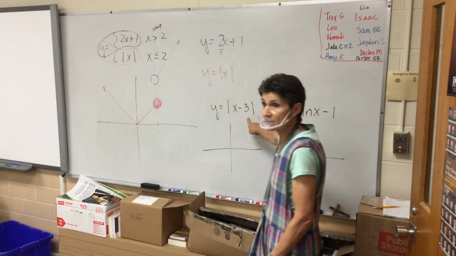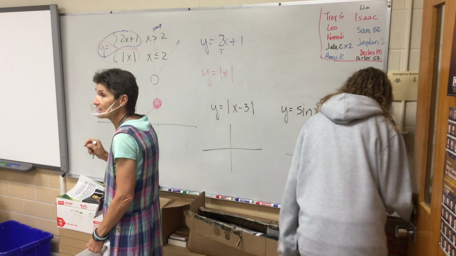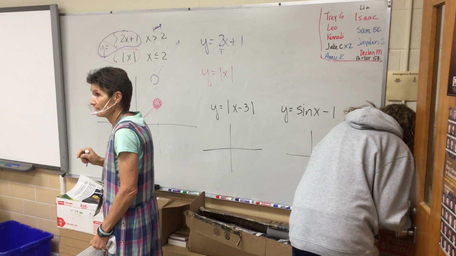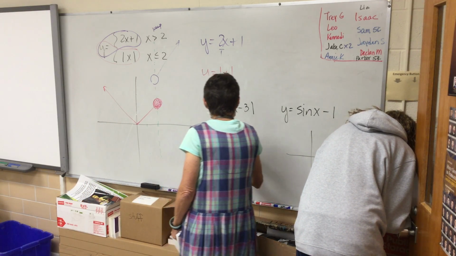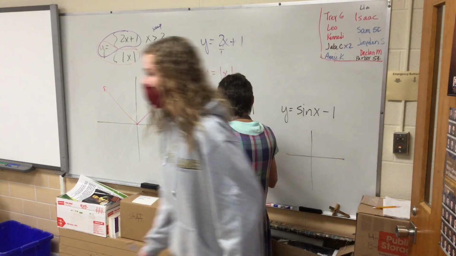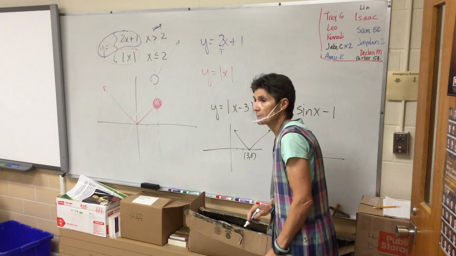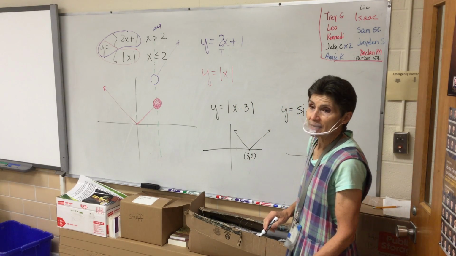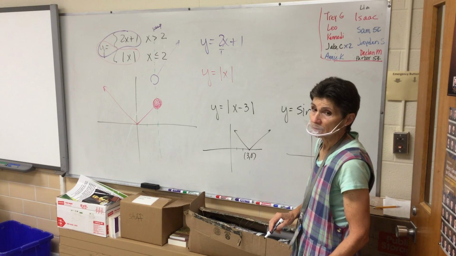This has this -3 inside the absolute value, so it's going to V out from where? From +3. Remember, that moves right. So on your paper, you're just going to draw your V and label this point 3, 0. It doesn't have to be any fancier than that. Just a V.